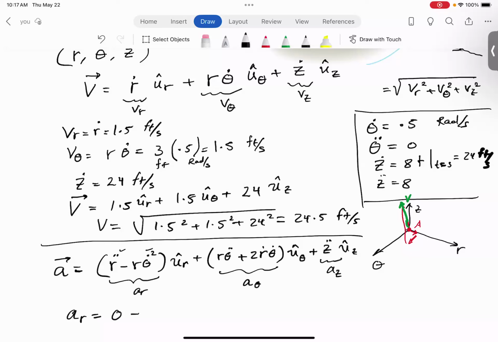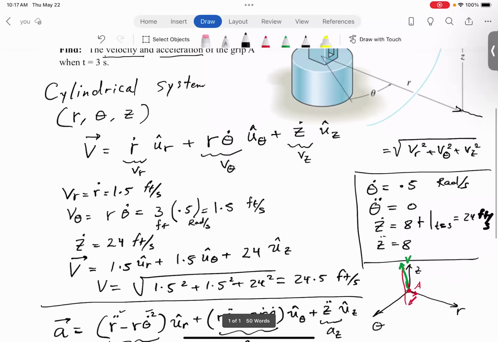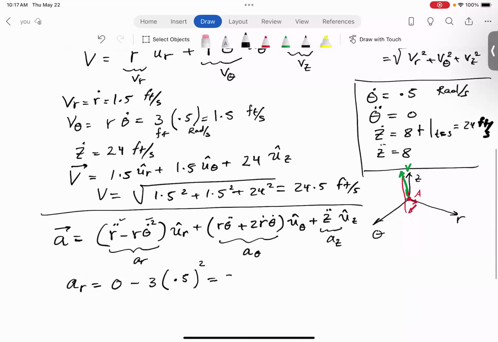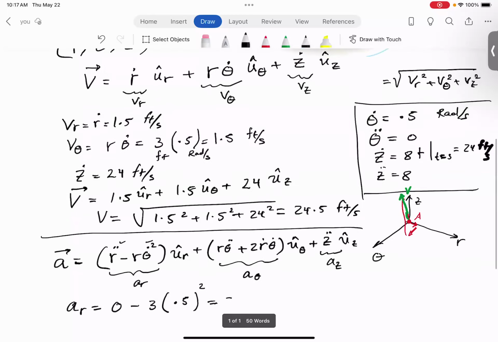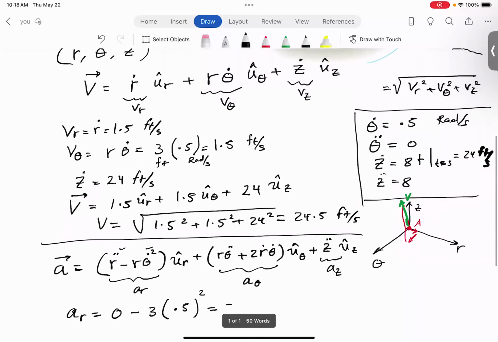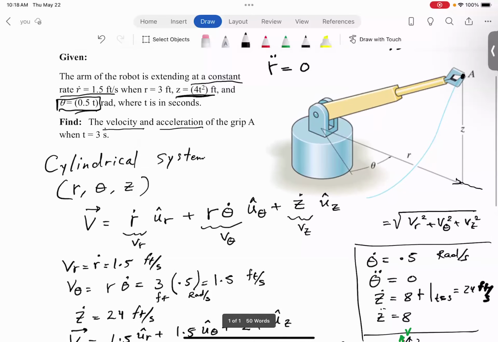R is given to be 3 feet. Theta dot was 0.5.